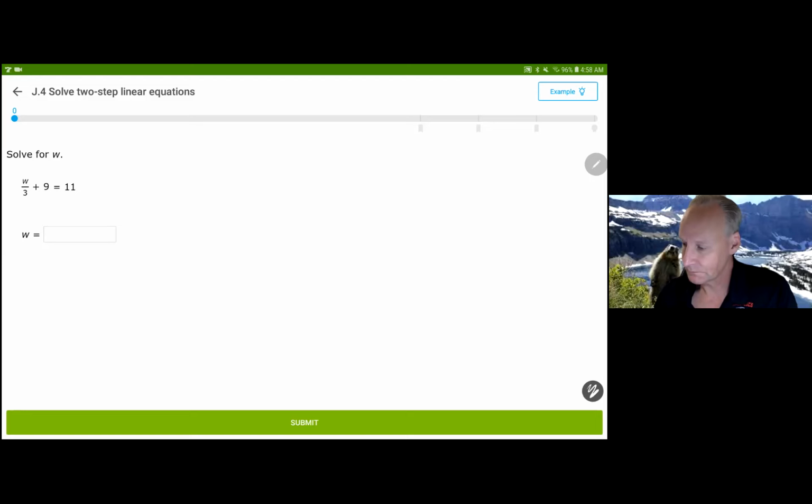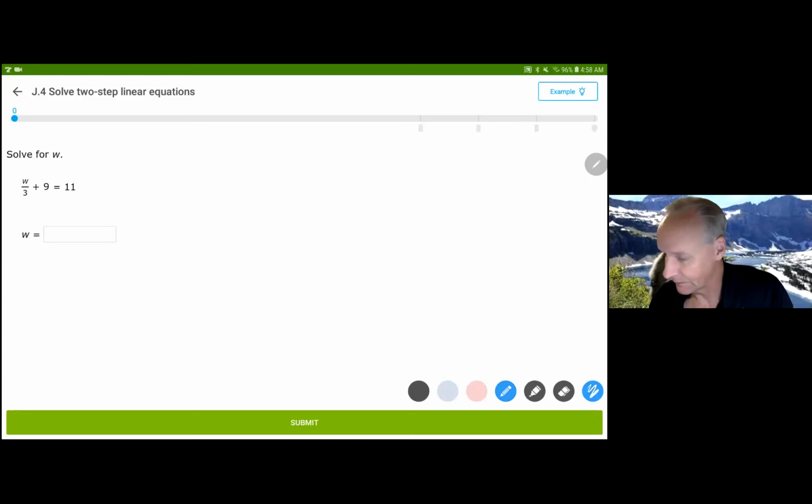So I have W divided by 3 plus 9 equals 11. And our first step is to undo the last thing we did, kind of like shoes and socks.